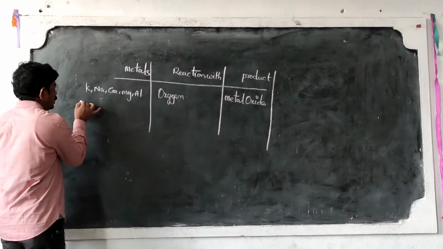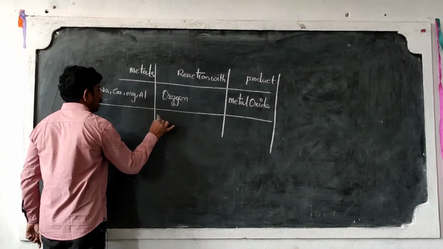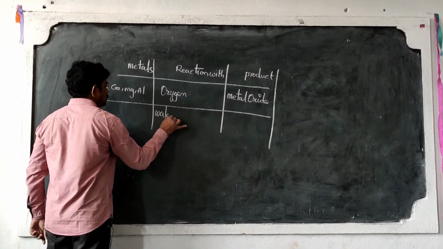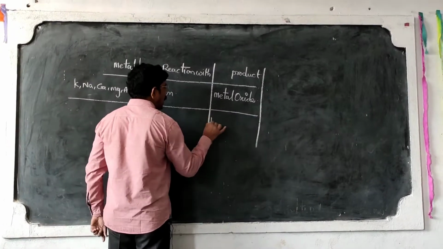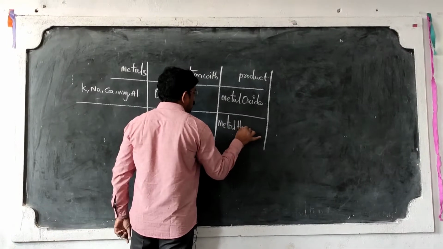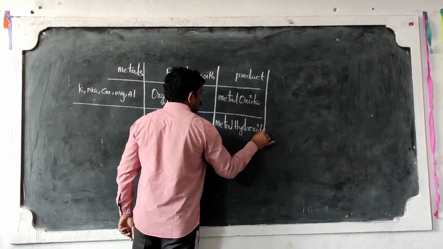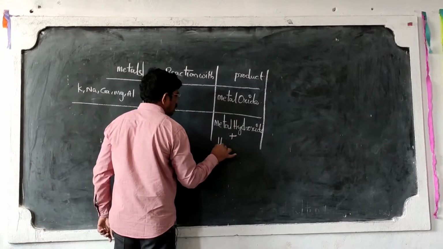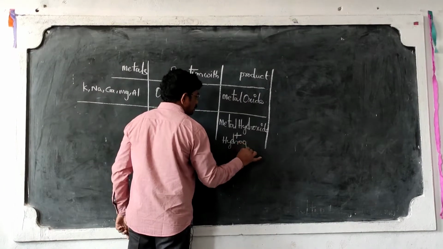Next, come to the next point, water. What is the product you will get? Metal hydroxide plus hydrogen is liberated, hydrogen gas.